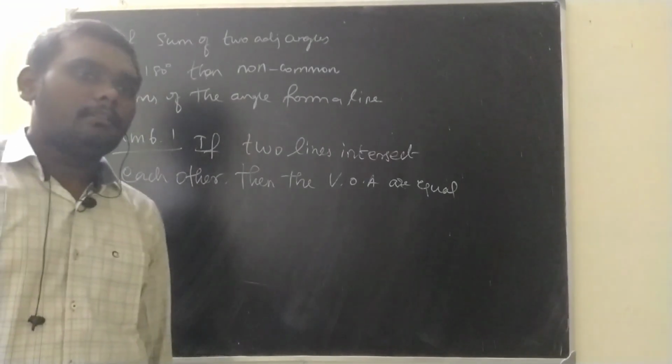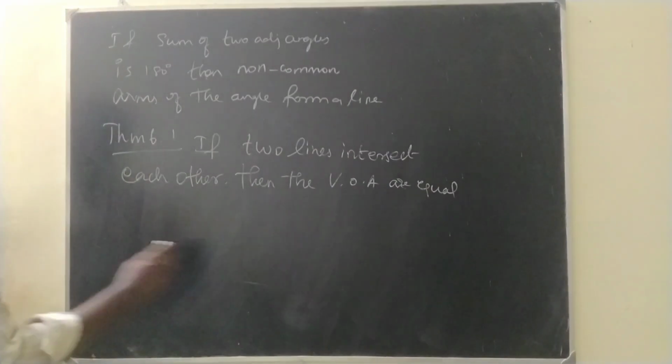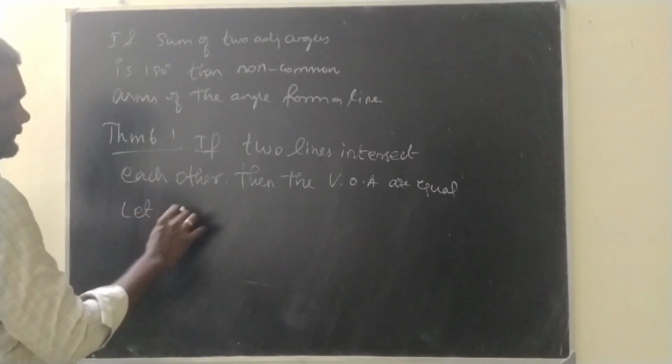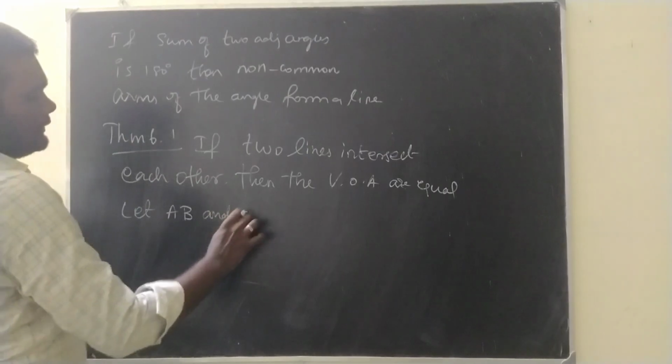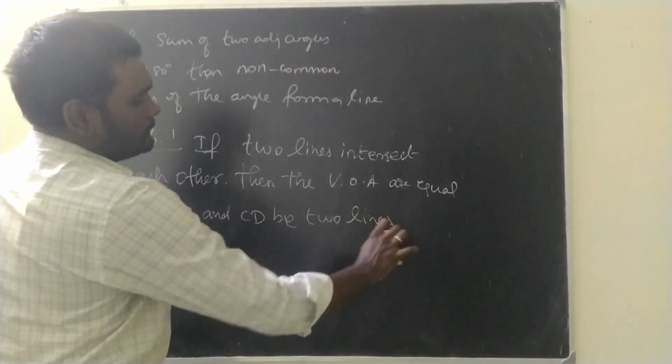For this, what are all the things we need first? Let AB and CD be two lines.